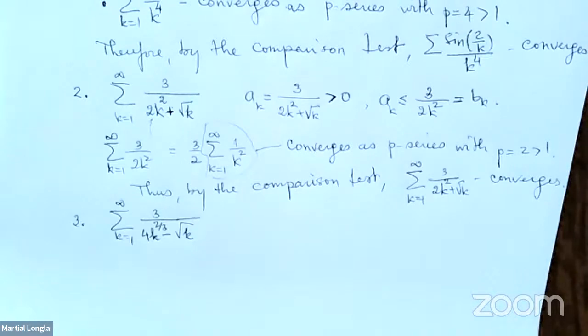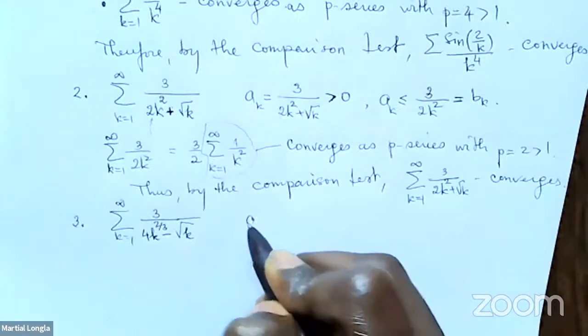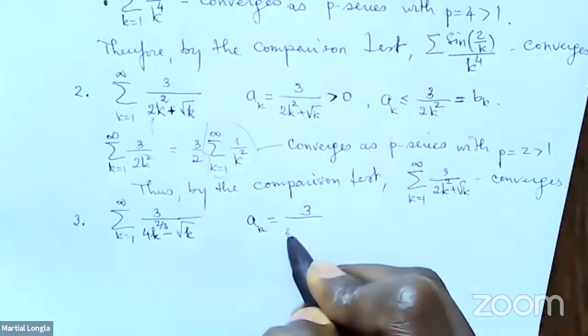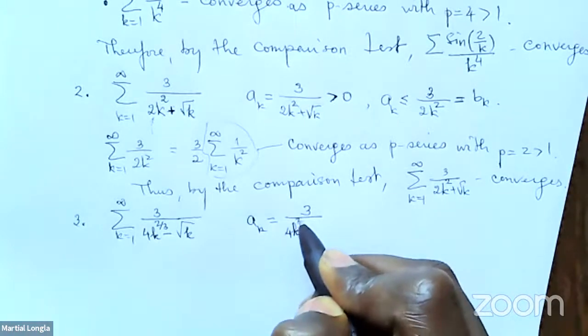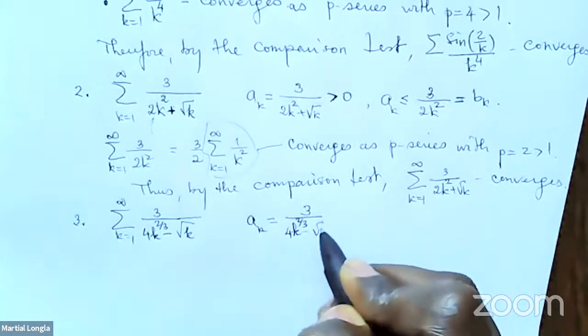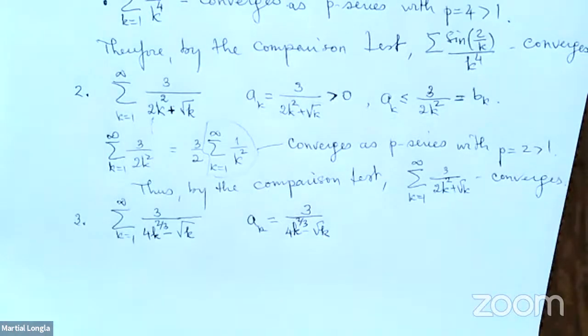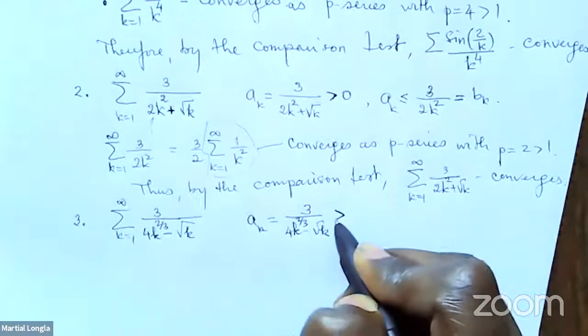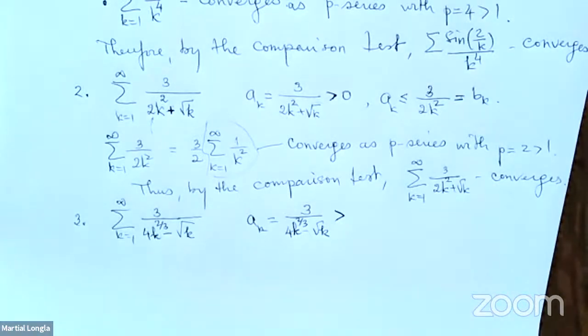And if you're thinking it's divergent and you need to use a comparison test, then you need to put a sequence below that. So you gotta get AK in this case, that's 3 over 4k to the 2/3 minus square root of k. And you need to put this function above, because you are thinking it diverges.